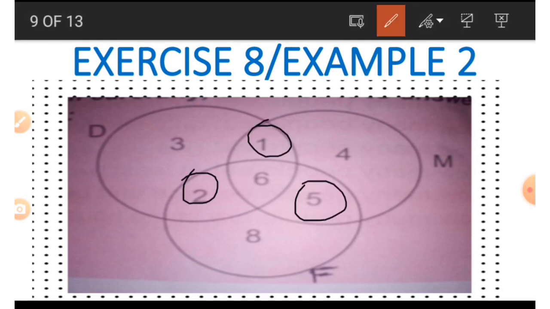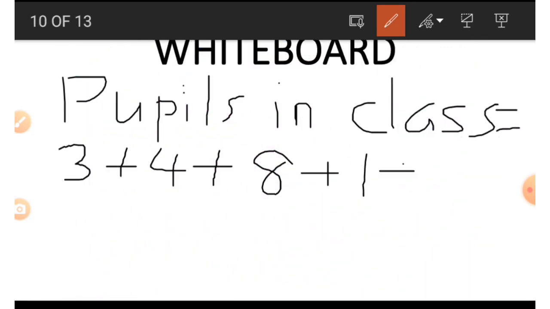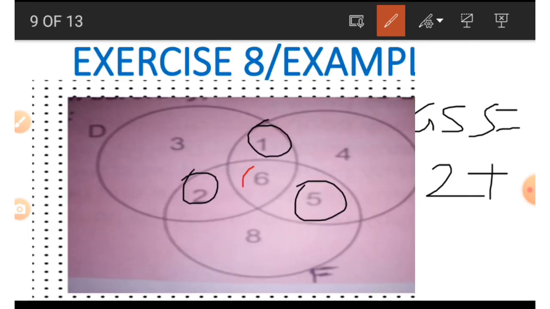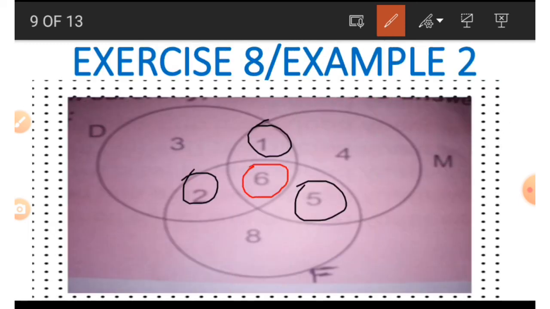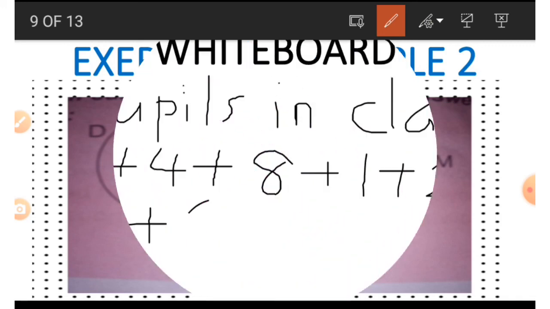The places circled black. Yes. So these are the numbers. Now let's take them to the board. We also add those ones up. We have plus 1 plus 2 plus 5. Then finally, the pupils that offer the 3 subjects, or the 3, is very obvious, is 6.